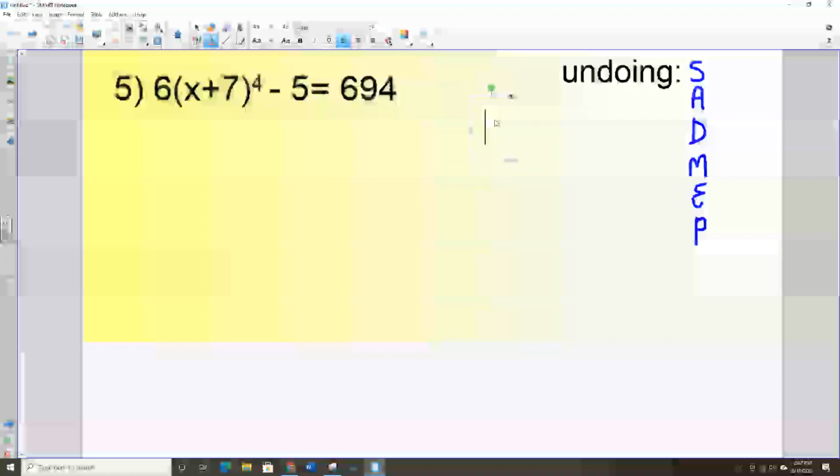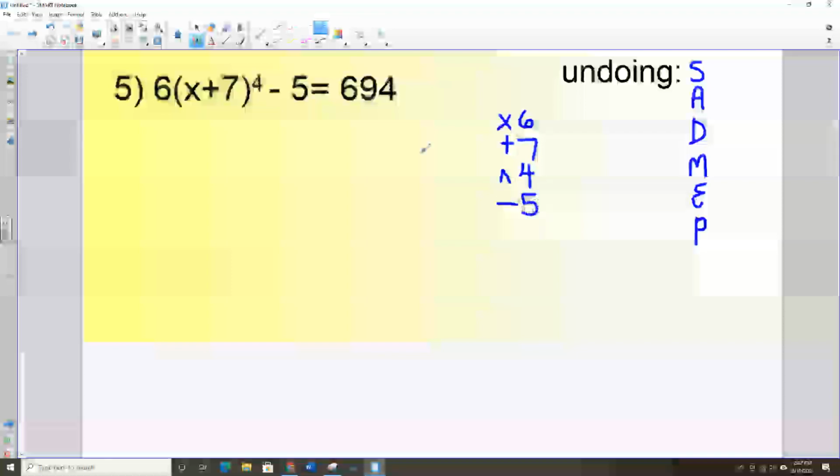So there's a multiplying by 6, and I'm just reading left to right. There's also an add 7. There's also a take it to the fourth power. And then there's also a minus 5.